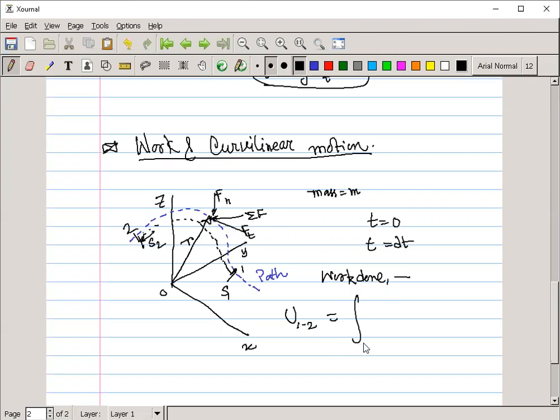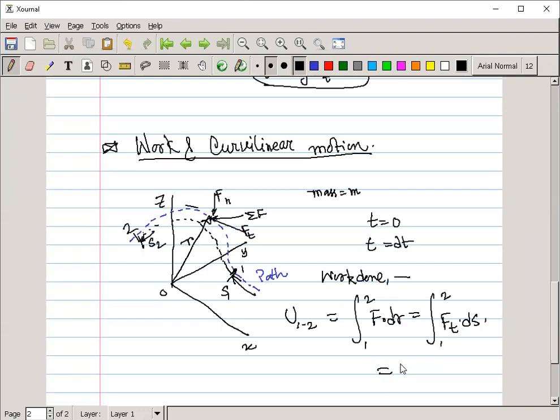We can write it as an integration from 1 to 2 along this path. Up to this point is displacement s1, and after this is displacement s2, but that is through the path only. So we can write force times displacement. Is it clear?